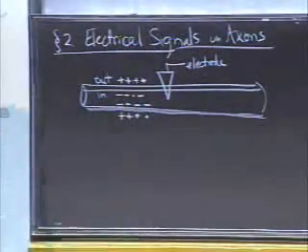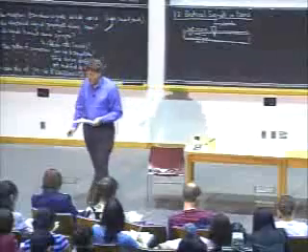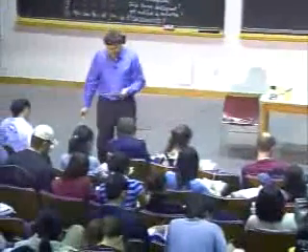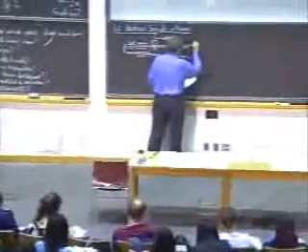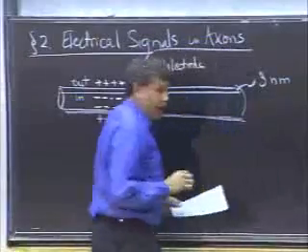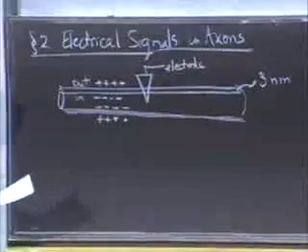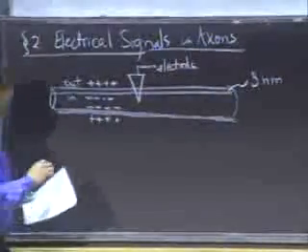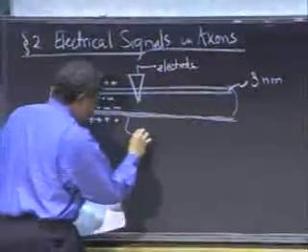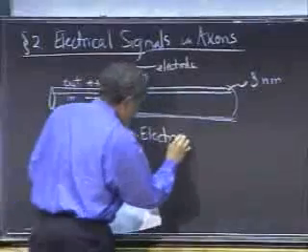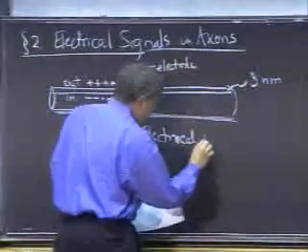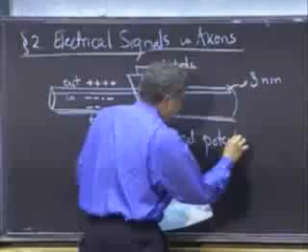There is an electrical potential across the plasma membrane of this axon. This plasma membrane, you all remember, is about 3 nanometers wide. There's an electrical potential across this equal to about minus 70 millivolts.